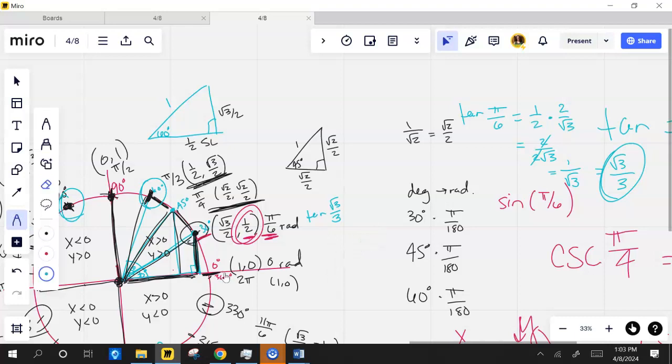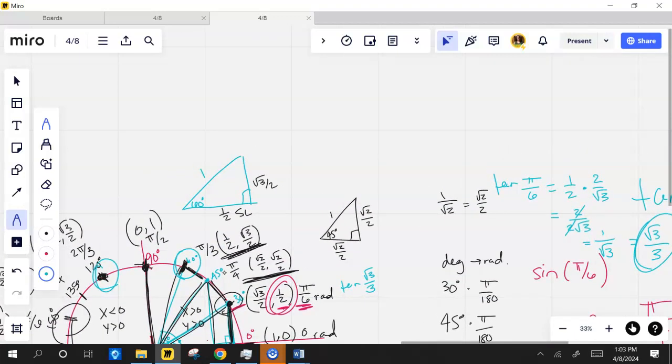Sine is y. So if I do tangent of pi over 6, that's y, which is 1/2, divided by square root of 3 over 2. I don't divide fractions by fractions.